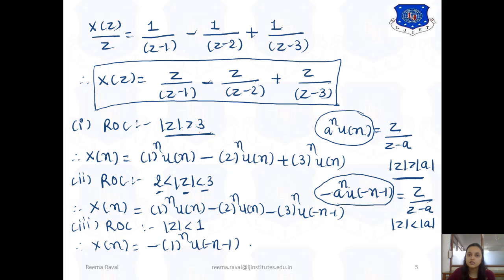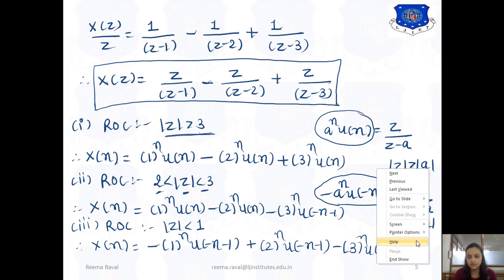Next, here already it is minus and the formula's minus will make it plus. So minus minus plus 2 raised to n u of minus n minus 1, minus 3 raised to n u of minus n minus 1. Okay. So these are the differences in the answer according to the given ROC cases.